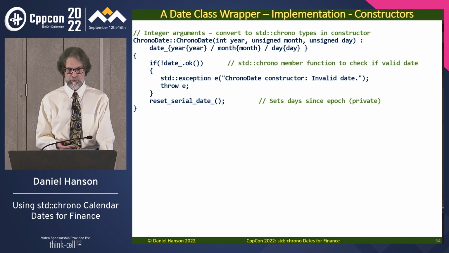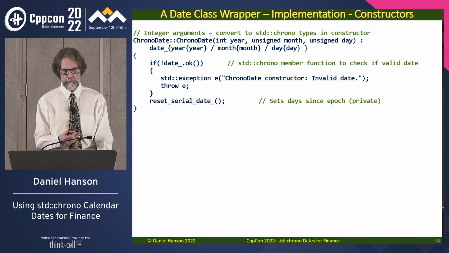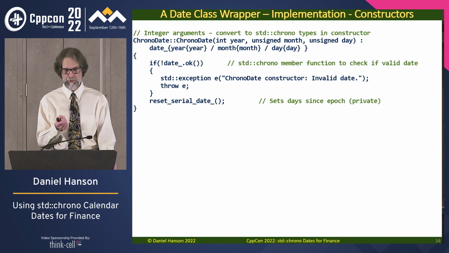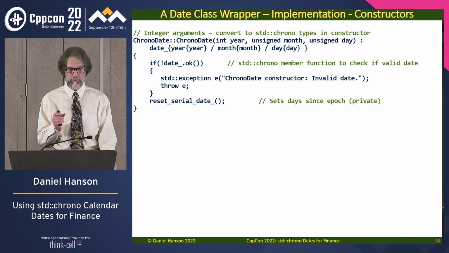For constructors, I've put in 2. What we'll do here is take in the year, month, and day as integer types. By integer types, I mean it could be int or unsigned. Again, in std chrono, years should be ints, months and days should be unsigned because that's the way that they're cast.